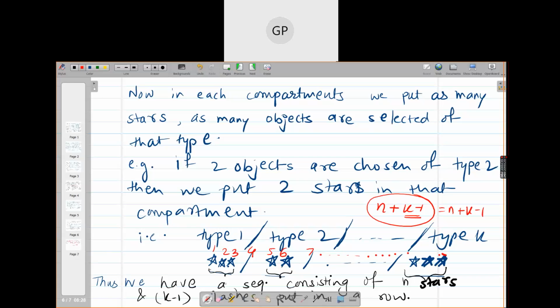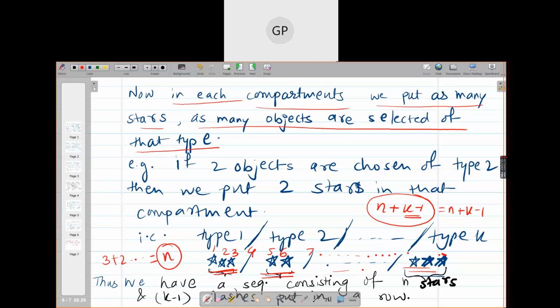Look, the addition of all the stars you are putting, 3 plus 2 plus so on. How many stars are you going to put, girls? How many stars should there be in total? N stars, right? What did we say here? In each compartment we put as many stars as objects selected of that type, and in total how many objects do I want to select? I want to select a total of n objects, right?